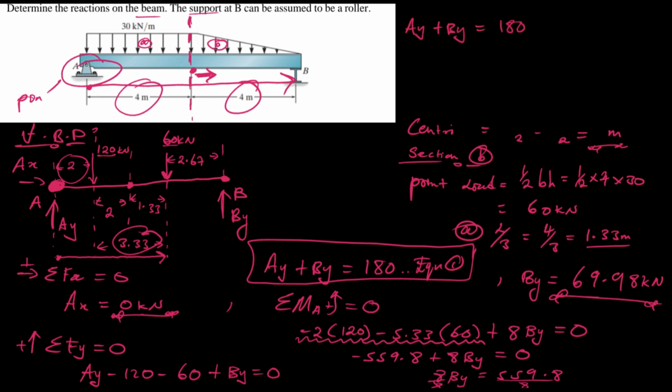Therefore, we're having a value of BY being 69.98. So AY is equal to 180 minus BY, which tells us this is 180 minus 69.98. Therefore, we say that AY is going to be a value, if we punch that, of 110 kilonewtons. So we have 110 kilonewtons as our final answer.